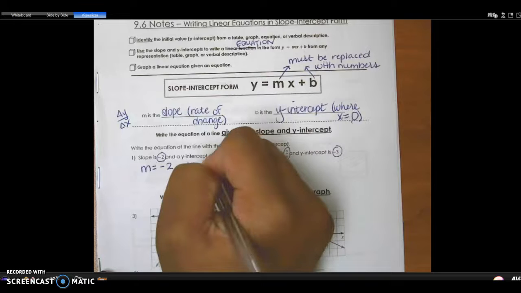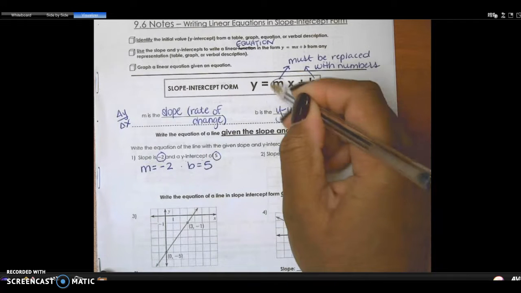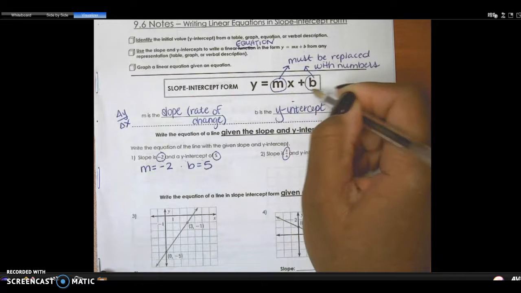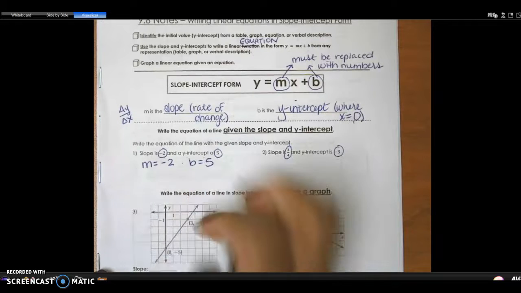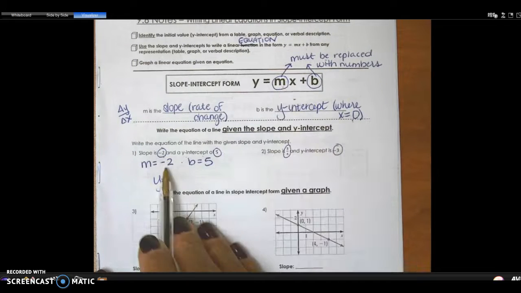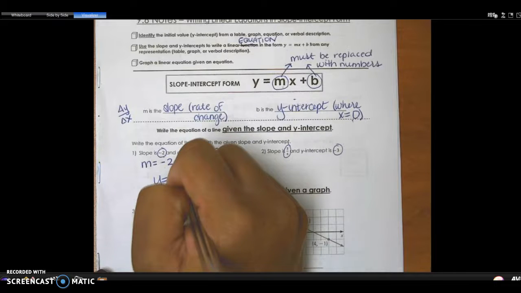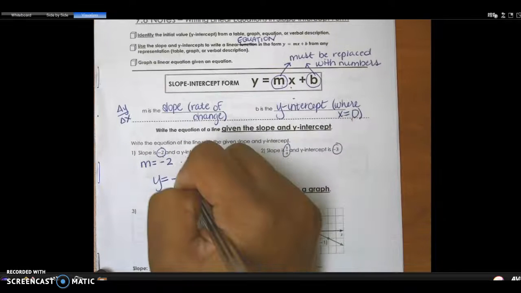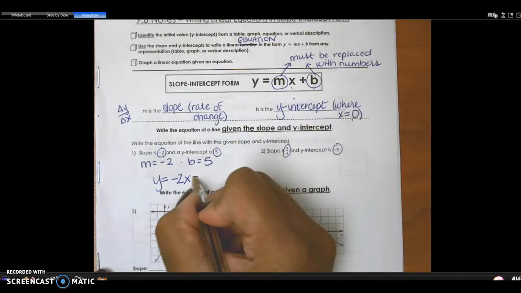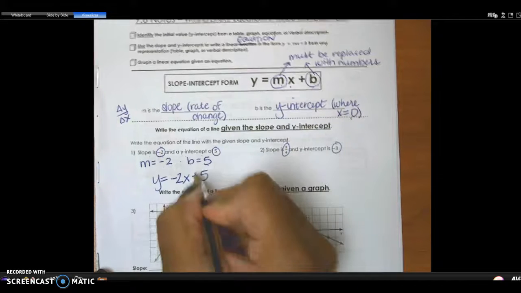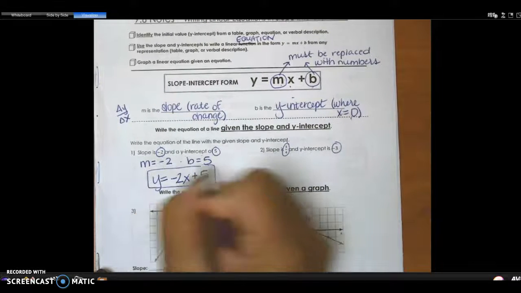B equals 5. Here's the M that I'm referring to, and here's the B. I can now write my equation by just saying y equals, what is M? -2. Put that next to x plus b, so plus 5. I am done writing that equation.